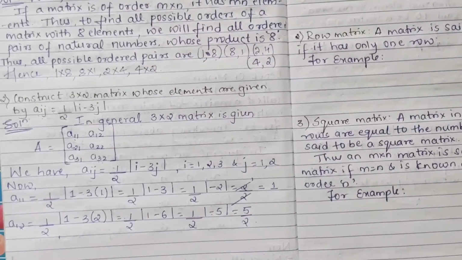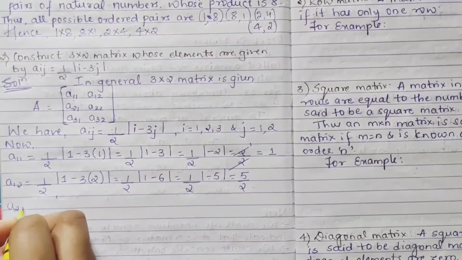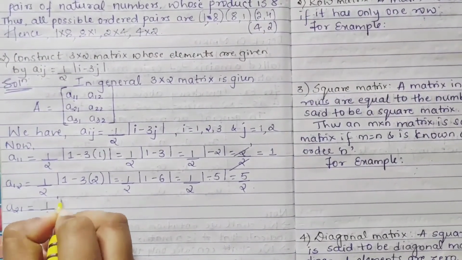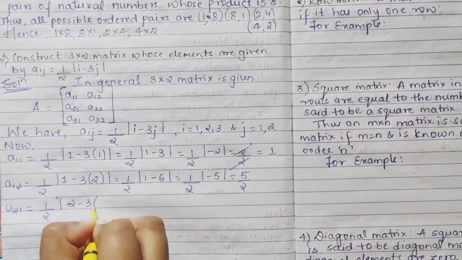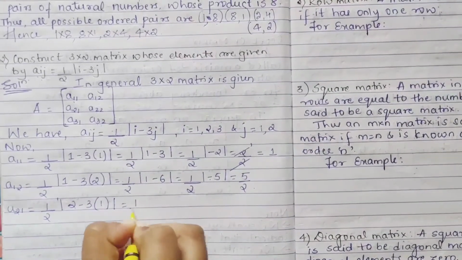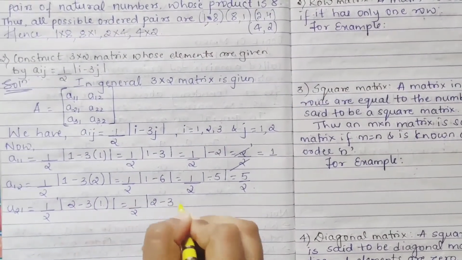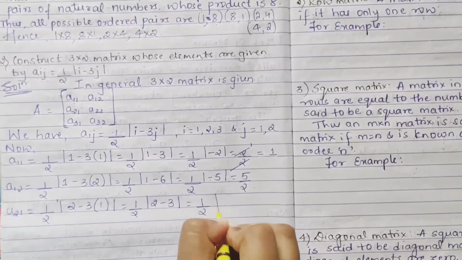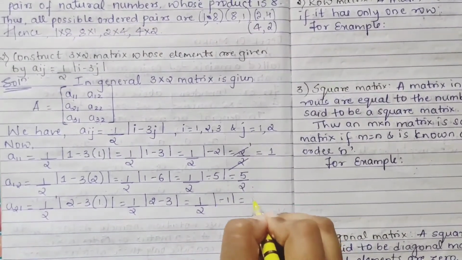In the same manner, for A21 you will get half, I is your 2. So 2 minus 3 times 1, which is 3. So you will get 2 minus 3 is minus 1, and again the minus changes to positive.